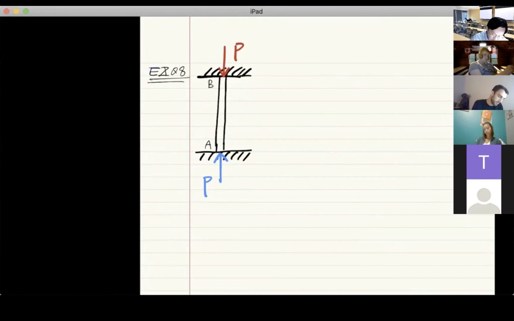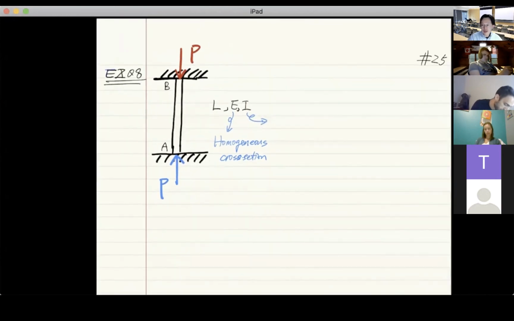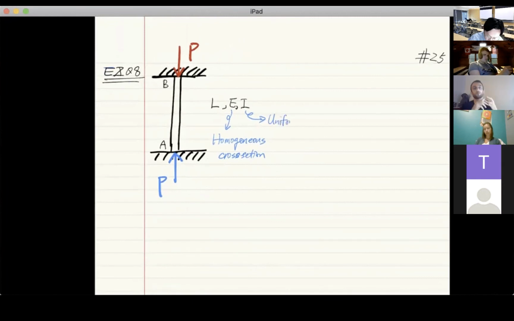Everything else, of course, remains the same. You still have L being the total length, and you still have E and you still have I. When I use just one value to describe this column, it means homogeneous for E, meaning a homogeneous material, and for I it means a uniform cross-section.